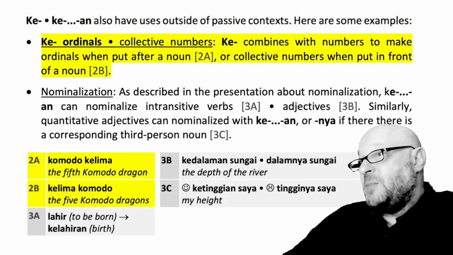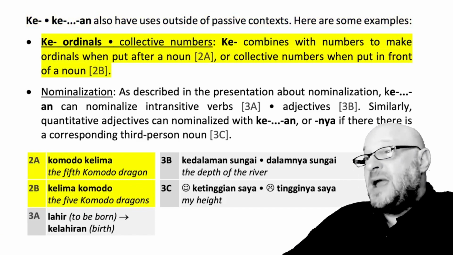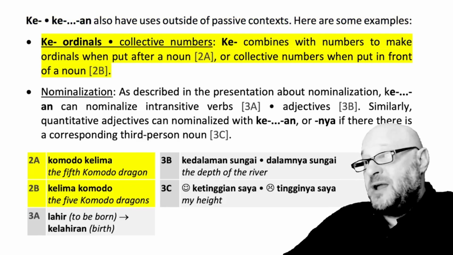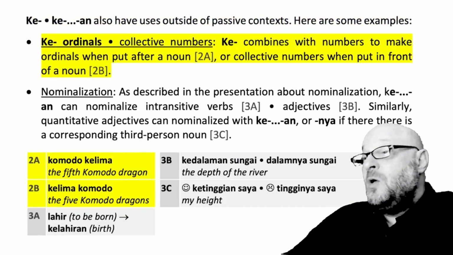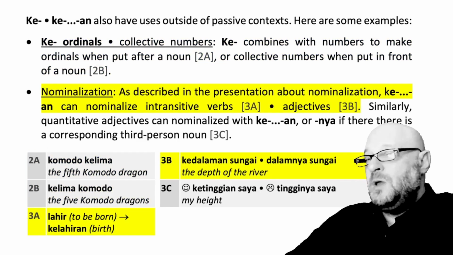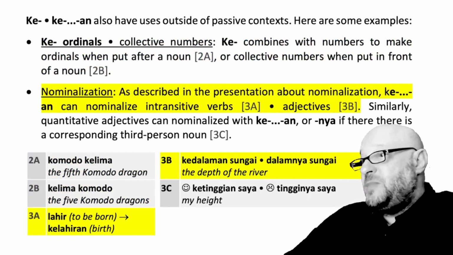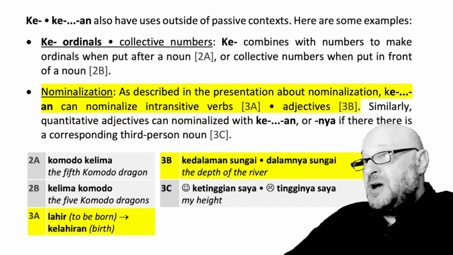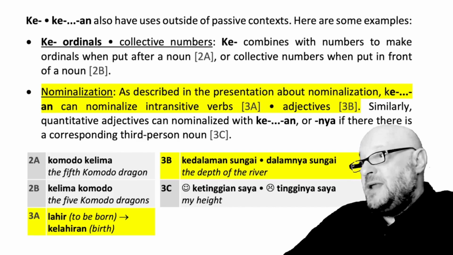Ke-ordinals and collective numbers. Ke combines with numbers to make ordinals when put after a noun. Example 2a, Komodo kelima, the fifth Komodo dragon, or collective numbers when put in front of a noun. And 2b, kelima Komodo, the 5 Komodo dragons. Nominalization. As described in the presentation about nominalization, ke-an can nominalize intransitive verbs and adjectives.